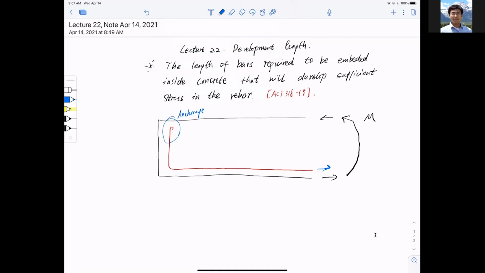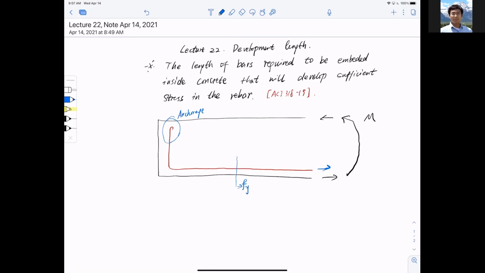So as we pull it out, and we talked about this during the flexure design, the reinforcement will yield. That means at a particular section, moving forward, all the stresses inside the bar are Fy. Why is that?